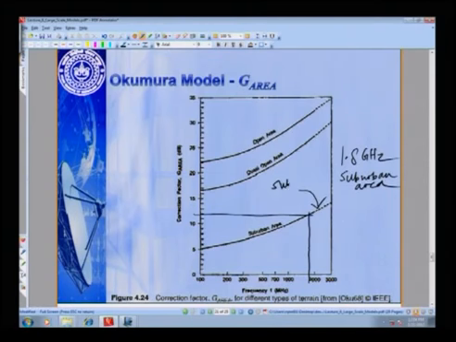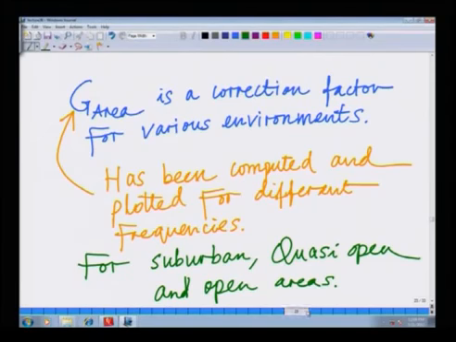for the suburban area, and you can see this is approximately 12 dB. So, in essence I go back to this thing.